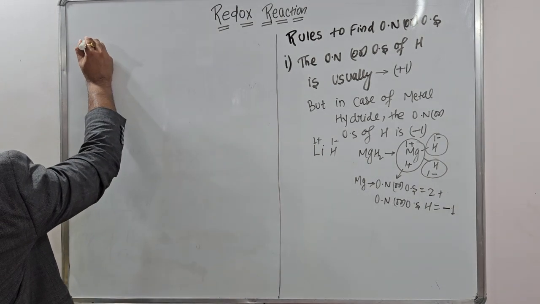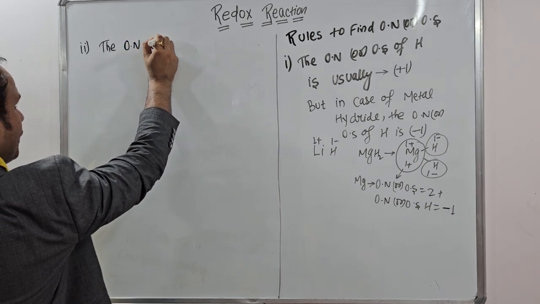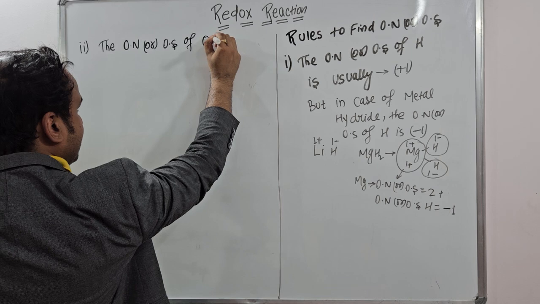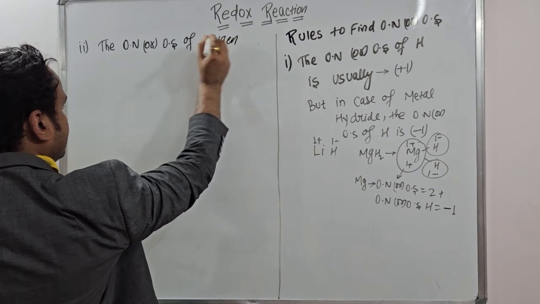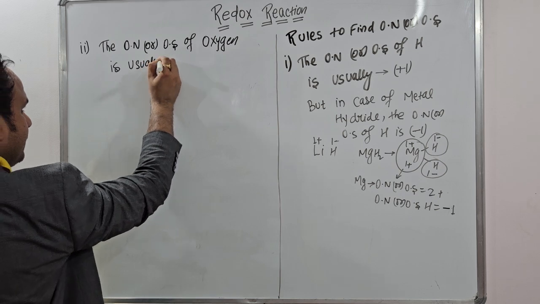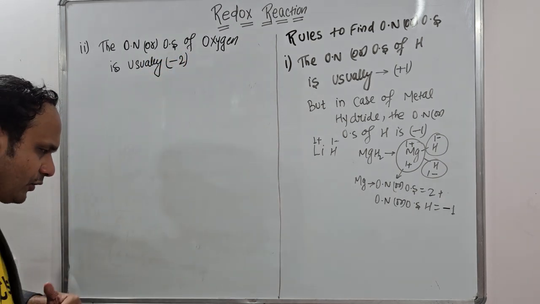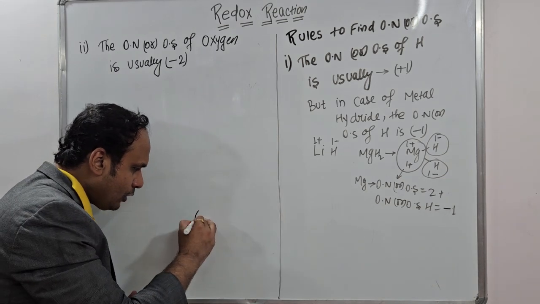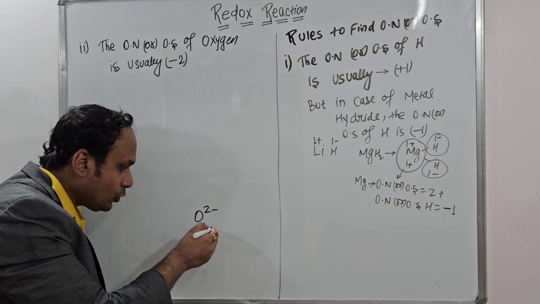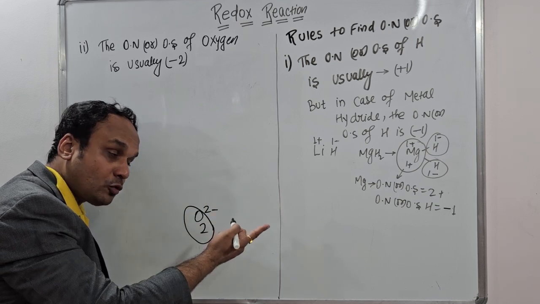Second rule: the oxidation number or oxidation state of oxygen is usually -2. Before writing the point, if I write O2 2 minus, what does it mean? On 2 oxygens, the total charge is 2 minus.